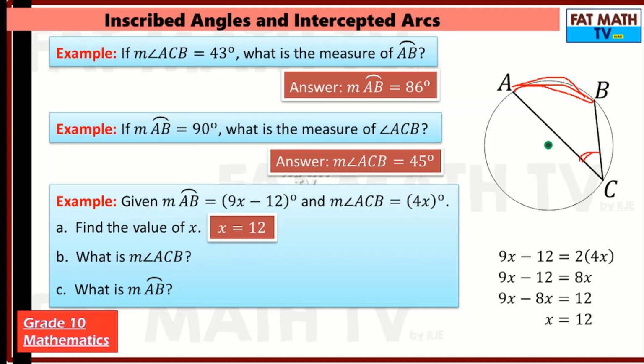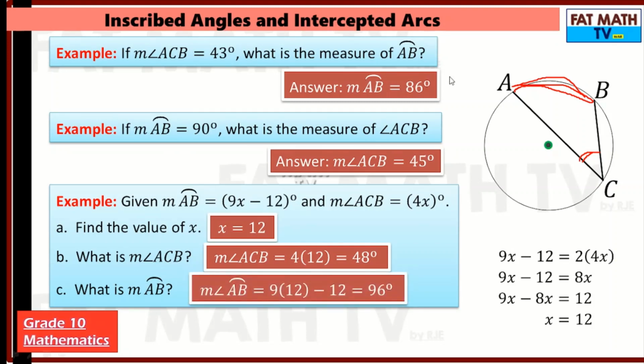To solve for the measure of angle ACB, we replace x with 12. 4x is 4 times 12, that is 48. What is the measure of arc AB? Arc AB is 9x minus 12, so that is 9 times 12 minus 12, because x is 12. This is 108 minus 12, so that is 96.